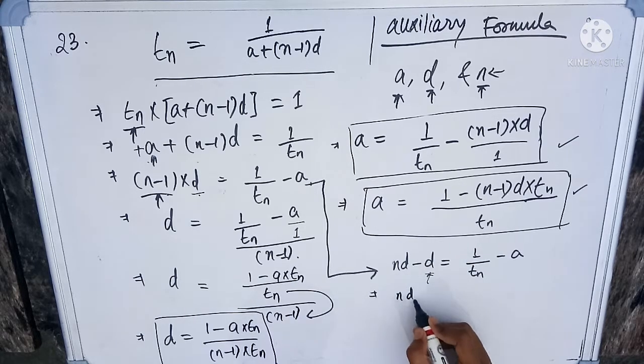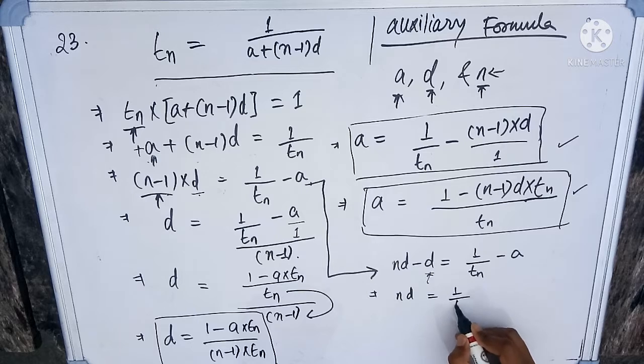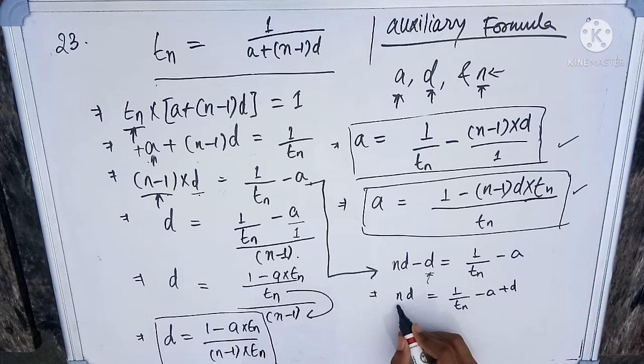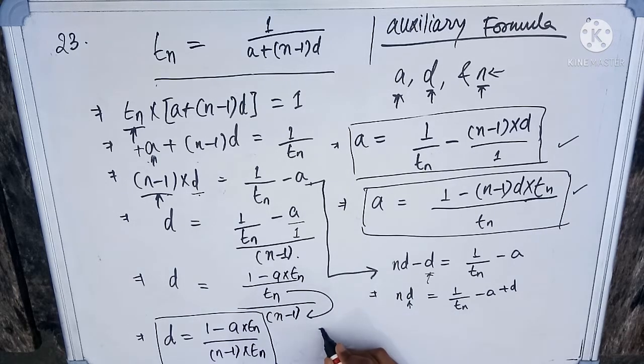So we have nd is equal to 1 divided by t of n minus a plus d. Now you can see we have here n multiplied by d. So to make n the subject, we need to remove this d from here. So it can be written as n is equal to 1 divided by t of n minus a plus d, and divided by d.